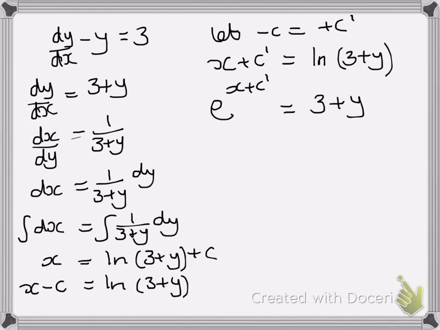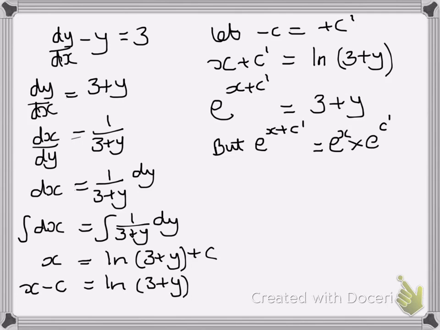Looking at the left hand side here, using our laws for indices, e to the x plus our constant c can be written as e to the x times e to some constant c dash.